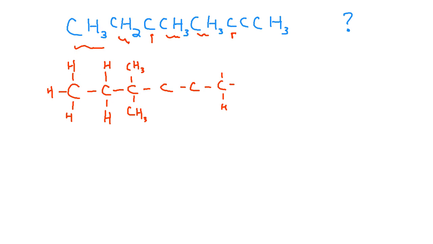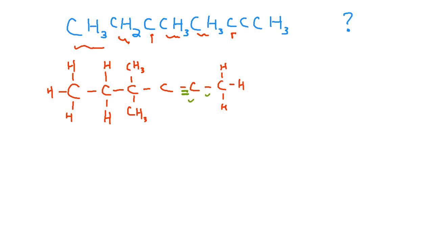Now remember, carbon must make 4 bonds, right? But this carbon, and this carbon, something's wrong, maybe 3 more bonds. Okay, well, if I do this, now there's a triple bond, 3 and 1 is 4, 3 and 1 is 4.